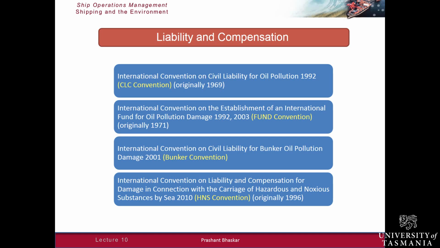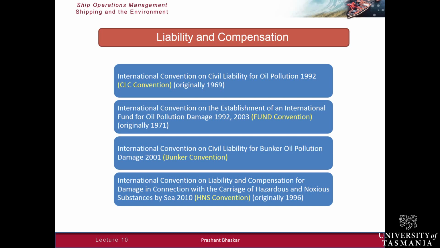Because under the CLC Convention, the maximum liability of a tanker owner is roughly about Australian $170, $180 million. But what happens when the damage is more? So in that case, the money for say cleanup costs or to compensate those people who are directly affected by the oil spill, for example, costs associated with the fishing and tourism industries, can be paid from money from this fund.